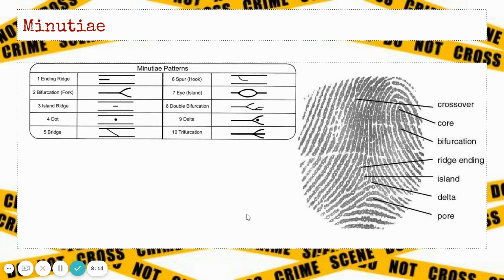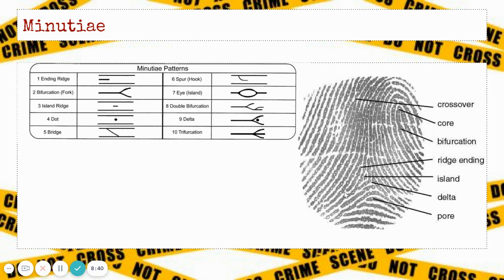All right, so there's a lot of different types of minutia. We're going to focus mostly on the ones that are the most common, but here are a couple of the different ones. Some that you will see more often are an ending ridge. When we're looking at these minutia, we're looking at the dark part of the print. The dark portion is the ridge. So an ending ridge right here would be literally where a ridge stops, right?